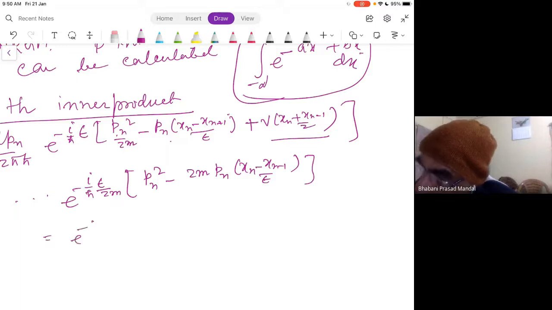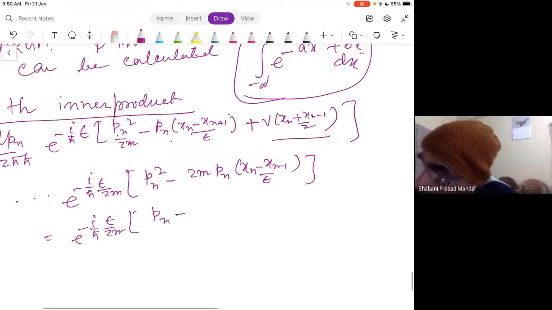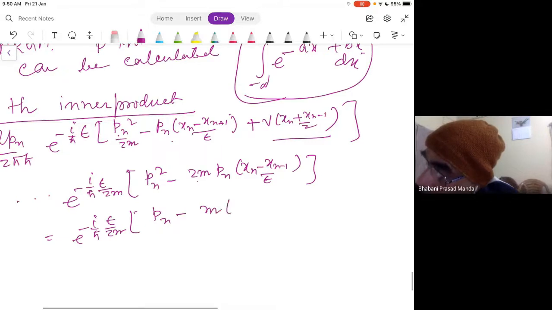So e to the power minus i h cut epsilon by 2m, times Pn minus 2 times Pn m xn minus xn minus 1 by epsilon.